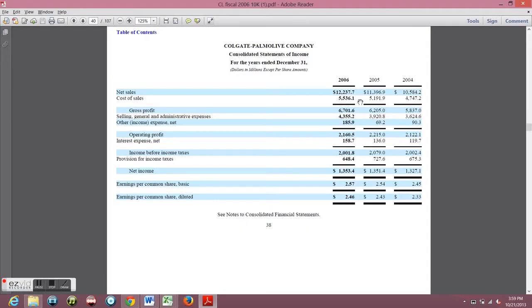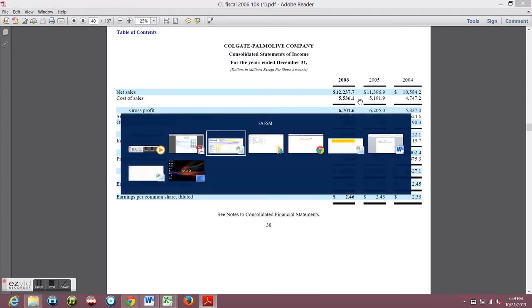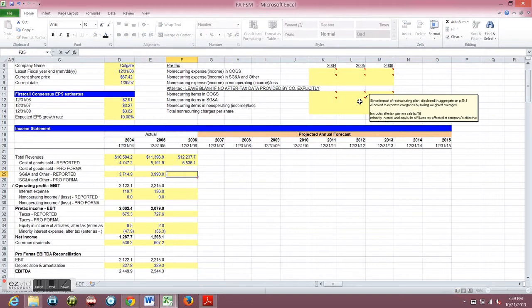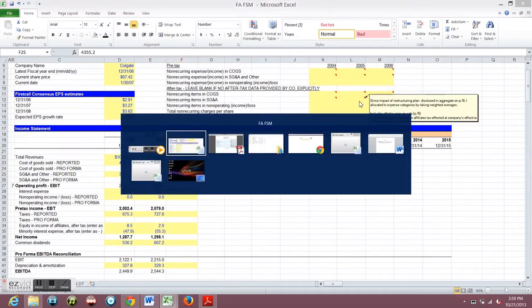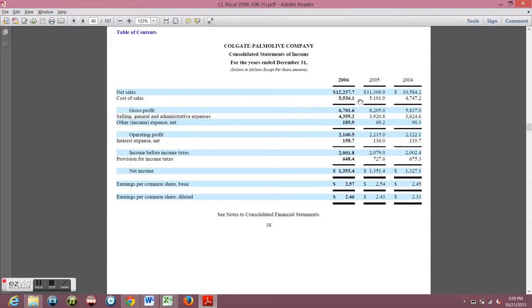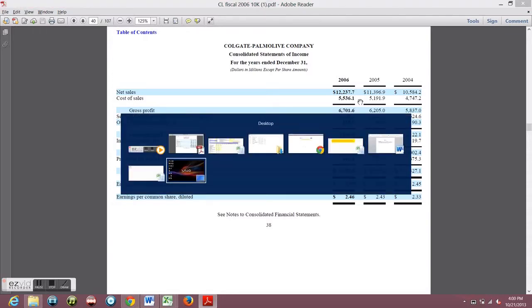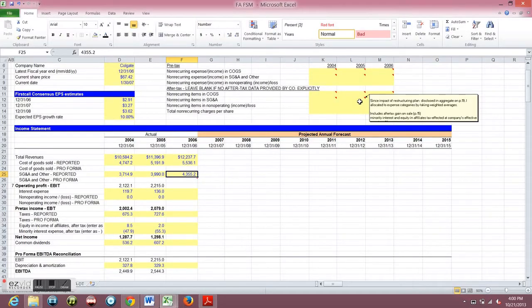Okay, SG&A and other. SG&A, selling, general and administrative expenses, are basically expenses dealing with advertising, also paying out your executives and their bonuses and whatnot. 43,552. That's what's counted into the SG&A, along with other income and expenses, which are basically income and expenses still contributed to the operations of the company, but are not considered cost of goods sold or SG&A.